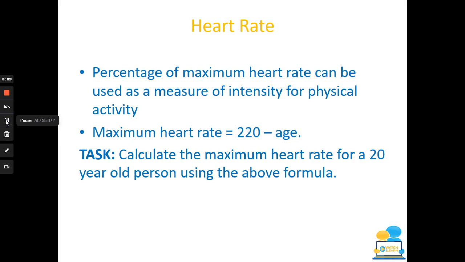The task that I'm going to set for you now is to calculate the maximum heart rate for a 20-year-old person using the above formula. I'm going to give you 20 seconds to do so.